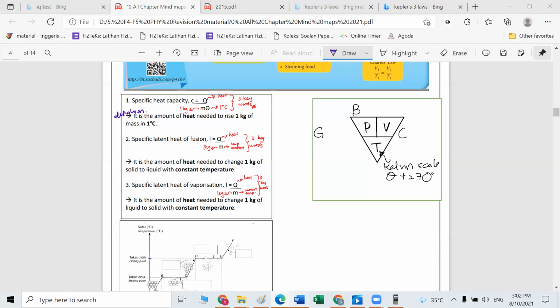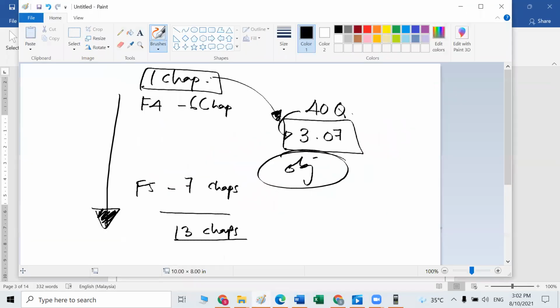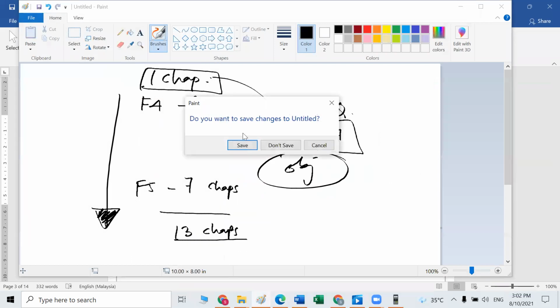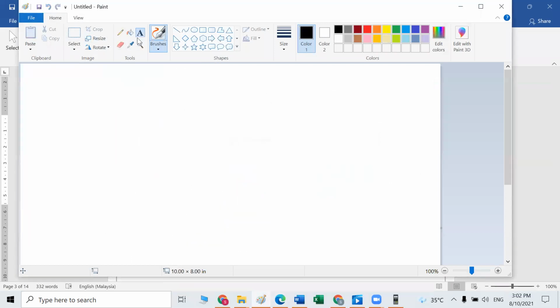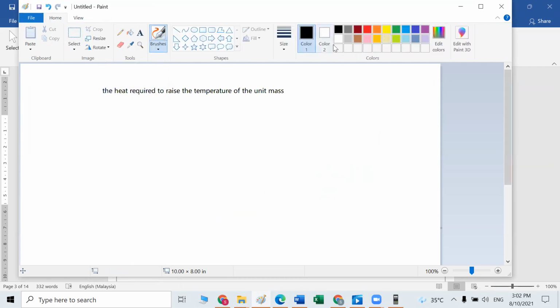You can say it that way, correct? But if you say it this way, we can't give you 1 mark because of the SPM scheme, we must check the three keywords.